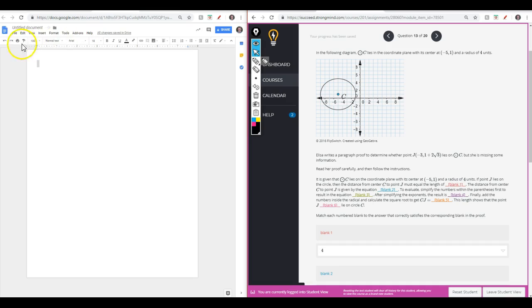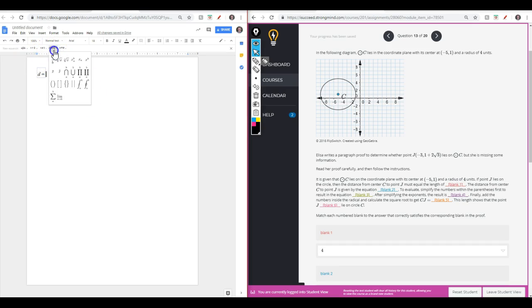Okay, so remember that the distance formula is the distance is equal to the square root of our x coordinates, so x sub 2 minus x sub 1, in parentheses and being squared, plus the same thing for our y coordinates, y sub 2 minus y sub 1 being squared. So that is our distance formula.